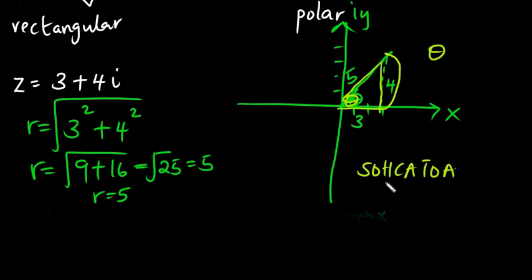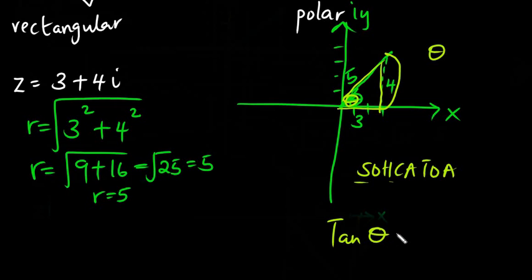So we can use sine, cosine, or tangent, but I want us to major on the tangent because it makes our work easier. You don't have to draw or represent all this information on the complex plane. I will show you how to find the value of theta without having to draw or represent a complex number on the complex plane.